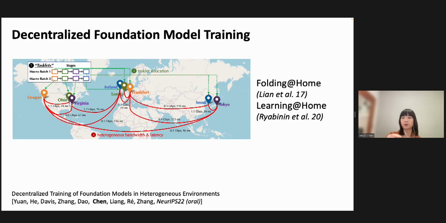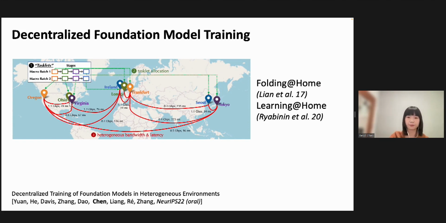And the incremental electricity cost of running a V100, for example, for a volunteer is 100 times lower than on AWS. So if we could make use of all these devices in a decentralized and open volunteering paradigm for foundation model training, this would be a revolutionary alternative to the expensive solutions offered by the data center.